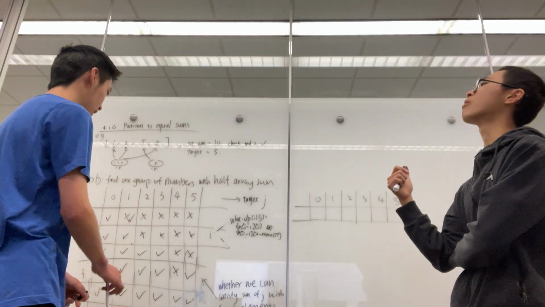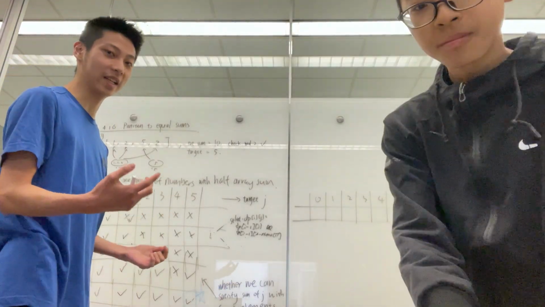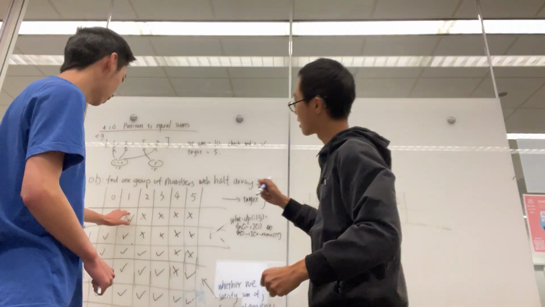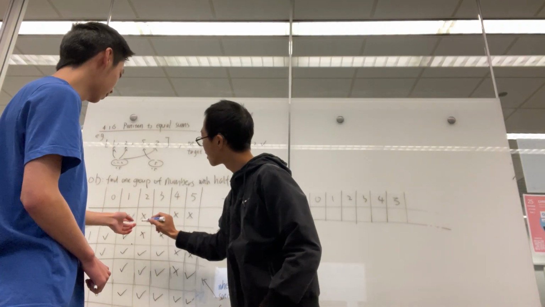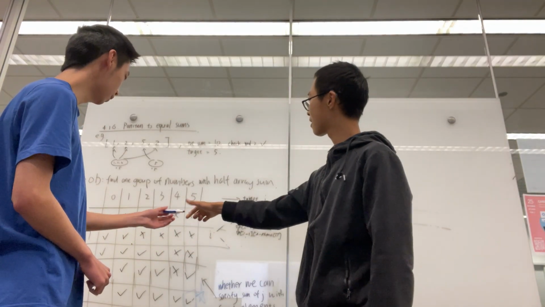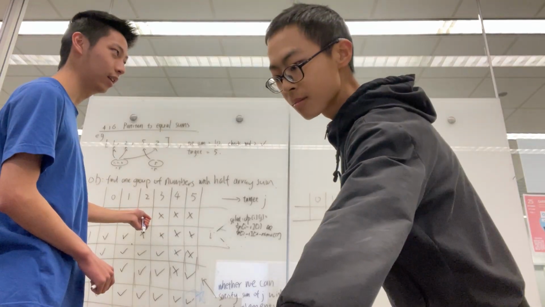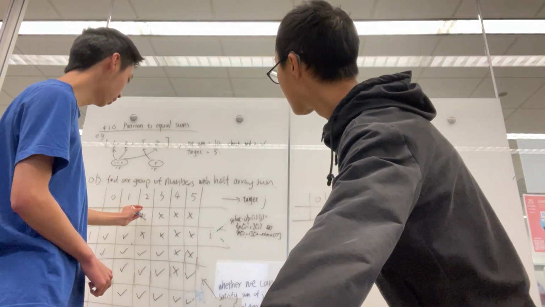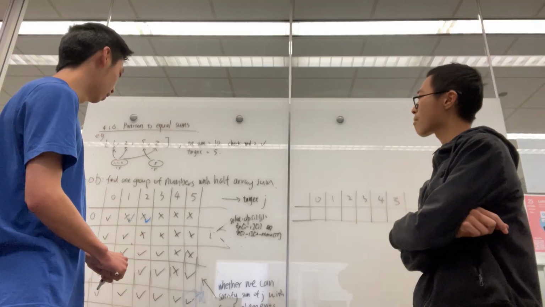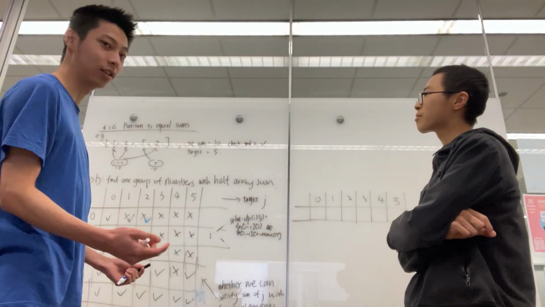But then the problem I'm encountering is that if this becomes true, then we loop to the next one, and this also becomes true.